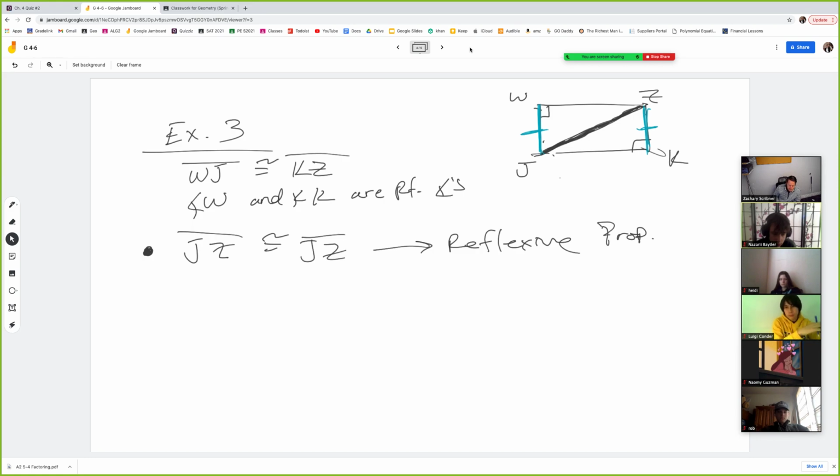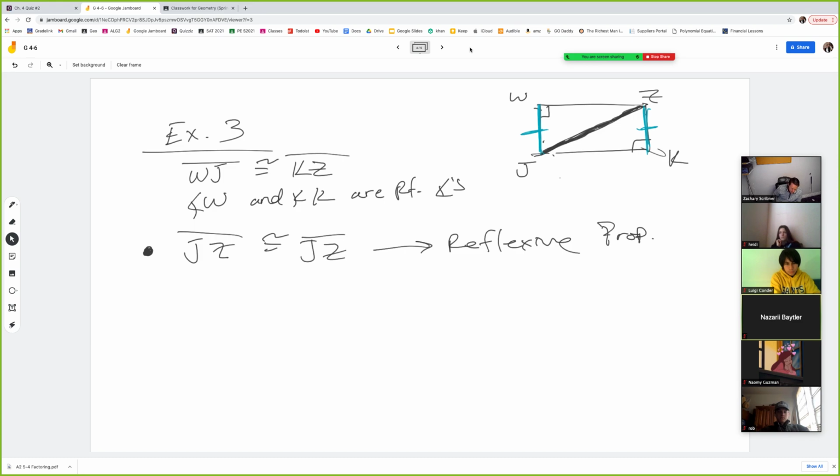The second one is that they're both right triangles, because if there's a right angle in them, then they're a right triangle. So that would be just the definition of a right triangle. JZ congruent to JZ, reflexive property. WJ congruent to KZ, that was given to us. And then now because you have the hypotenuse and a leg, you can say that triangle JWZ is congruent to ZKJ by the hypotenuse leg theorem. Okay?